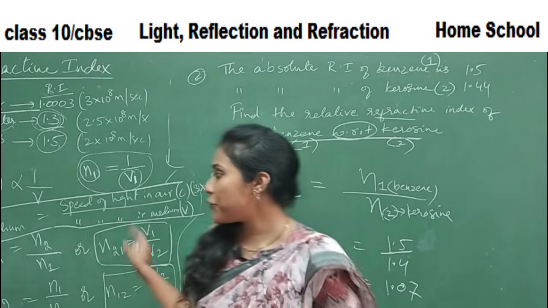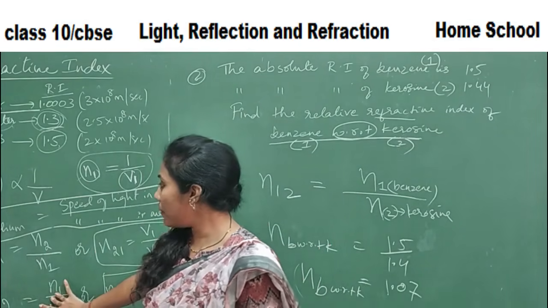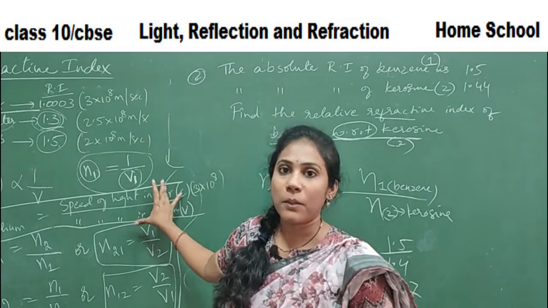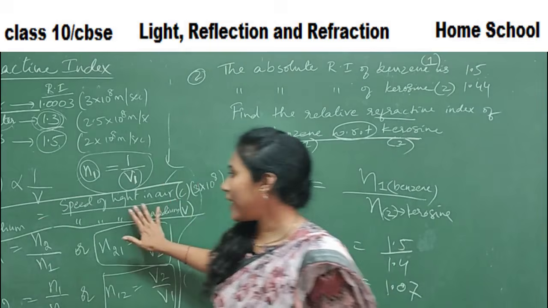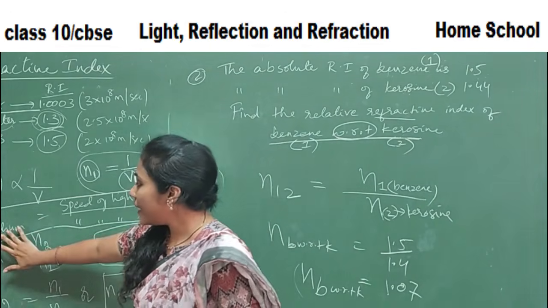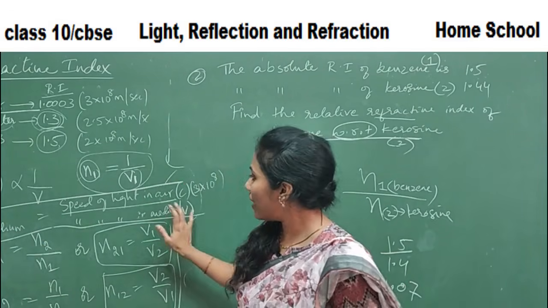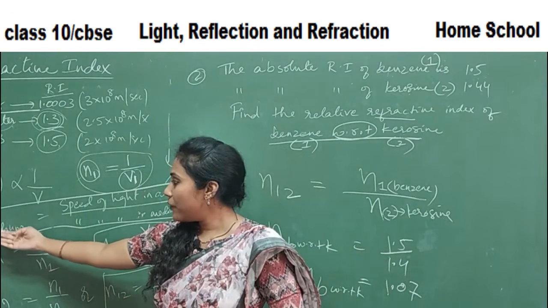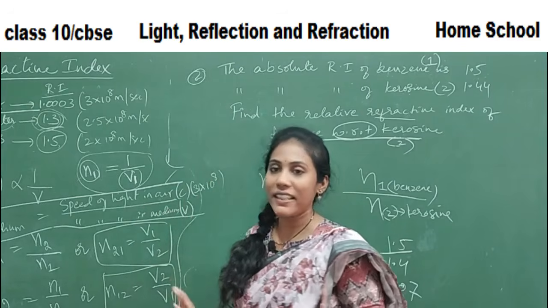Fine. So I have shown one problem on the relative refractive index formula and one problem on the absolute refractive index formula. You have to concentrate more on the absolute refractive index formula, because they will give you a particular medium's refractive index. Speed of light is a known value. Whatever refractive index has been given for a medium, that medium's speed of light they will ask you.